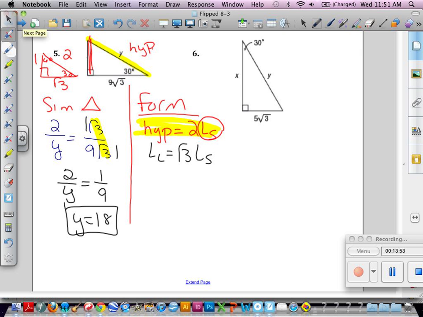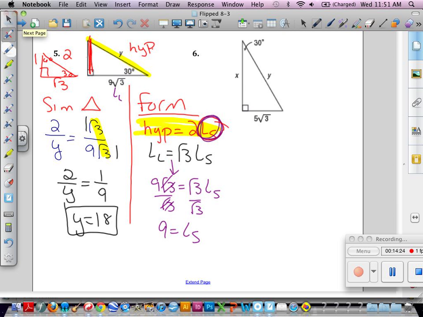I don't have the short leg, so I really have to work with that formula first. So I've got my long leg. This is my long leg because it's across from the 60. 9 root 3 equals short leg root 3. I'm looking for my short leg because I need my short leg for hypotenuse. Divide by root 3. Divide by root 3. Cancel. 9 is the short leg.